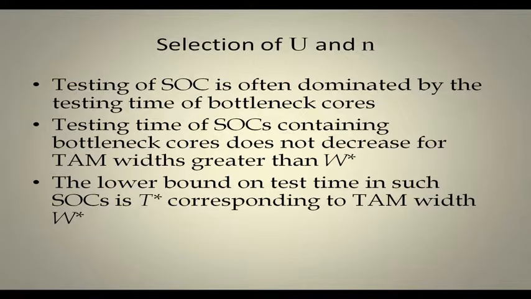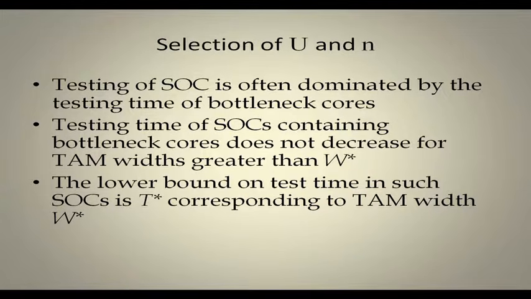That type of core is called a bottleneck core, because whatever test width is assigned to that core, its test time does not decrease. So, the total test time of the SOC starts getting dominated by the test time of that particular core. The testing time of SOCs containing bottleneck cores does not decrease for TAM width greater than some value W star.